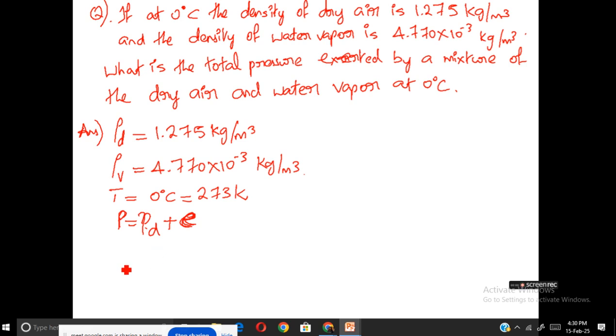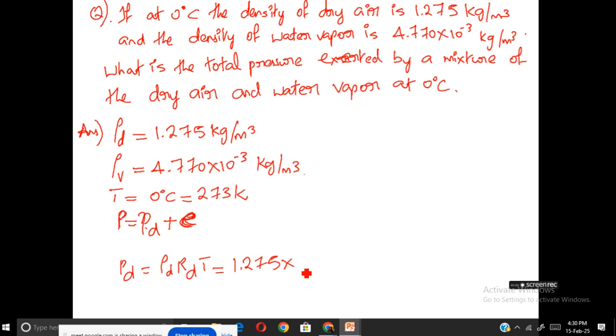So initially we will find the value of PD, which is given as rho d RD into T. Rho d is 1.275, and what will be the value of RD? What is RD? The specific gas constant in case of dry air.